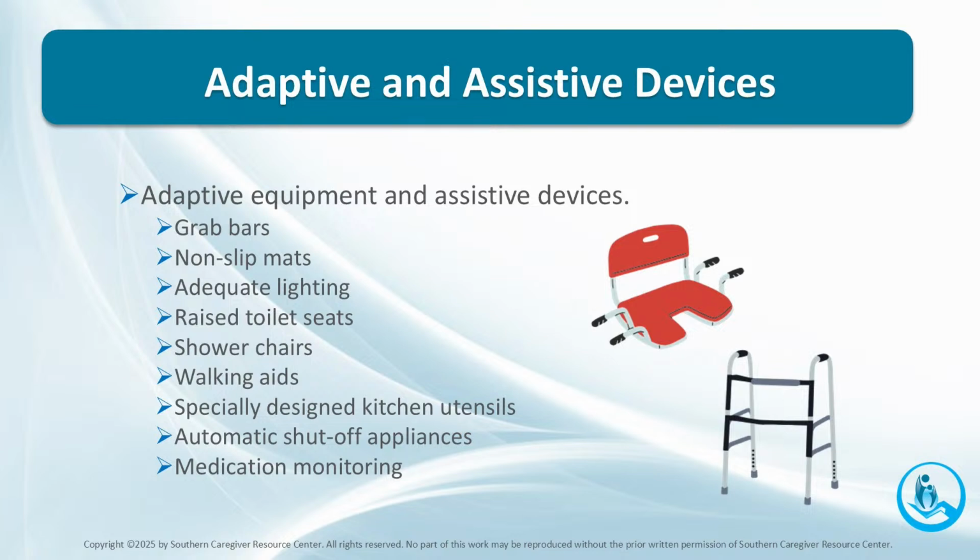Again, these are more of the popular ones. If you are new to caregiving, you might not be aware that there are these types of equipment or assistive devices. So really, the goal of this slide is to create awareness that these assistive devices exist, and that you can use them to aid your care receiver in maintaining their independence and safety for longer, right?